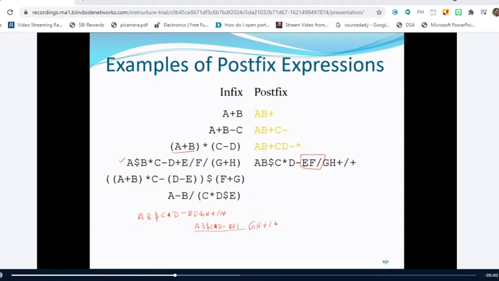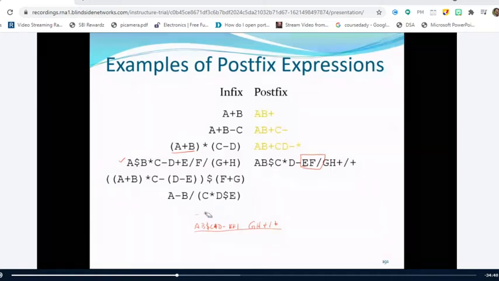The answer is AB dollar C star D minus EF by GH plus by plus. So there is a mistake in your answer. Please solve it. Please correct it.